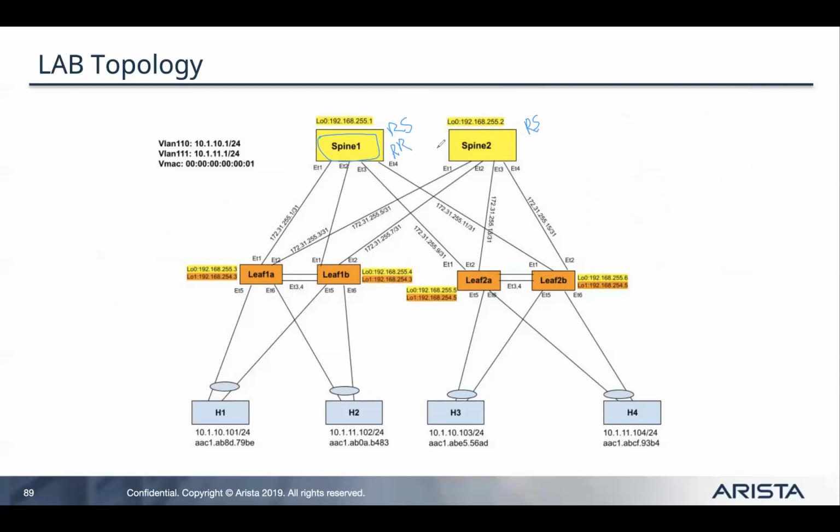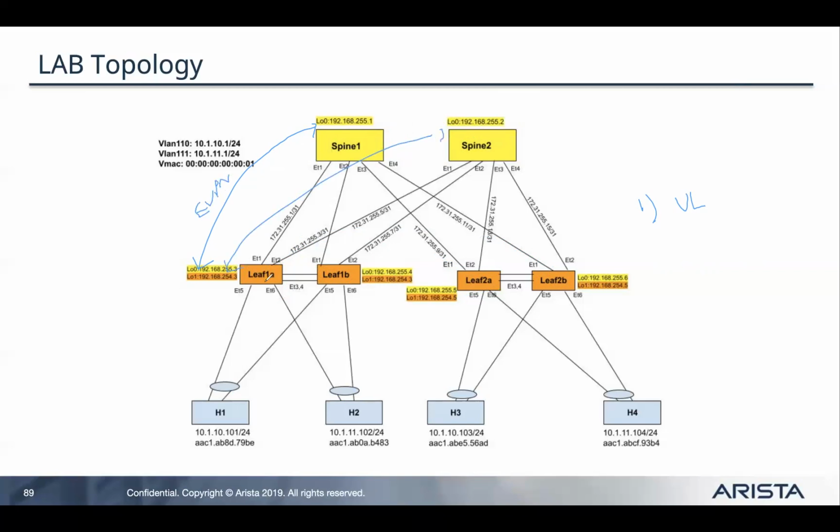So we use the spine as a route forwarder, and we create EVPN neighborship between leaf and spine, loopback to loopback. This loopback reachability we already got through the underlay, so we have the route and we can bring up EVPN neighborship between loopbacks.